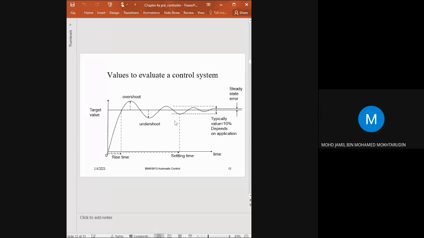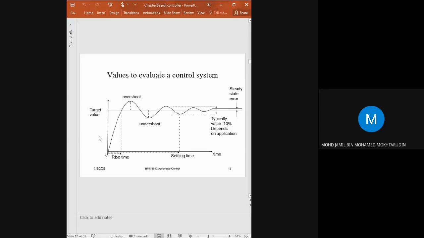Okay, so back to the stability problem in control system. Usually if you have a time response for the output, when you plot it, you will get the time response as shown here. What you desire is that you want it to reach this target value as fast as possible without any ripple or oscillation and no overshoot.